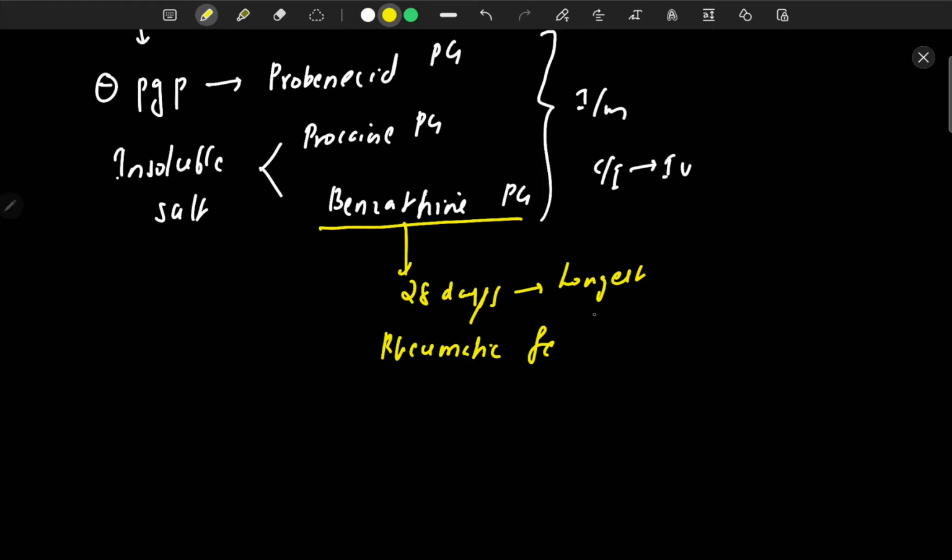In case of rheumatic fever prophylaxis, this is a drug of choice. It is given once in a month.